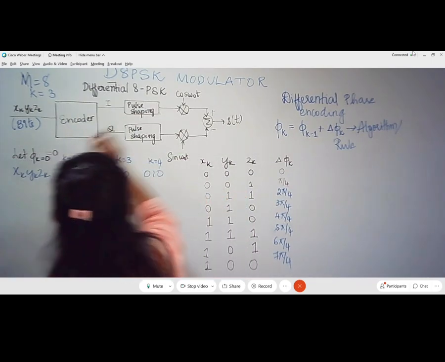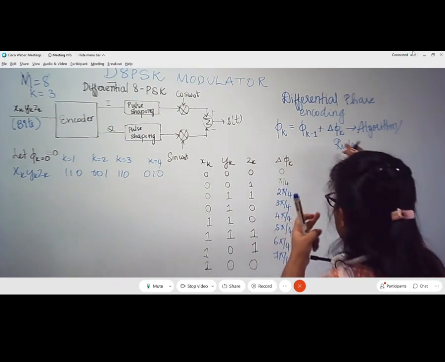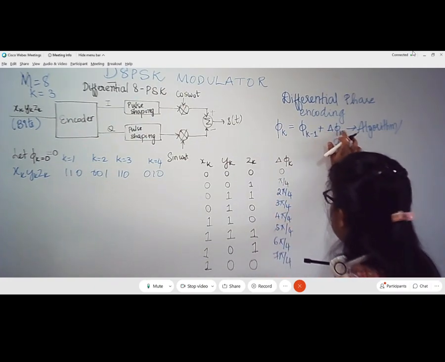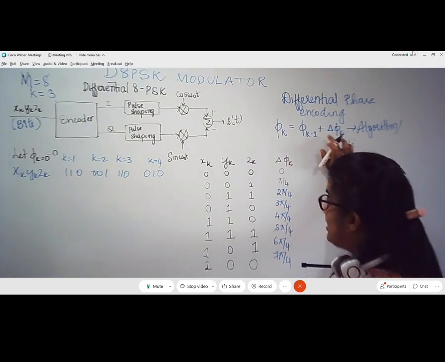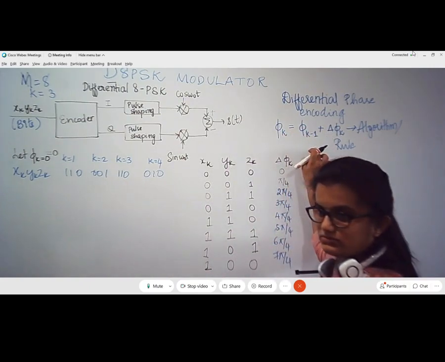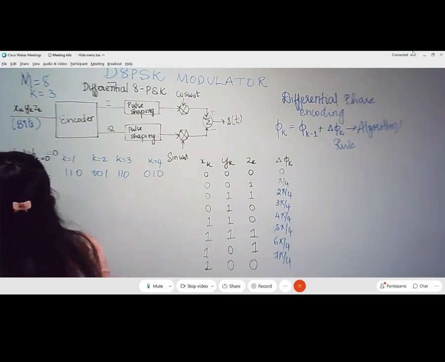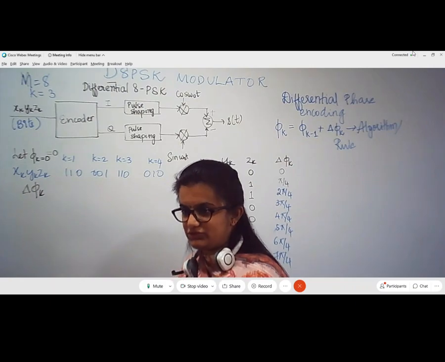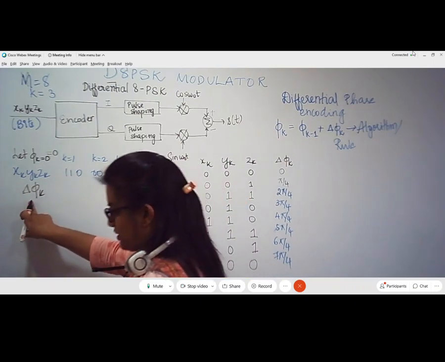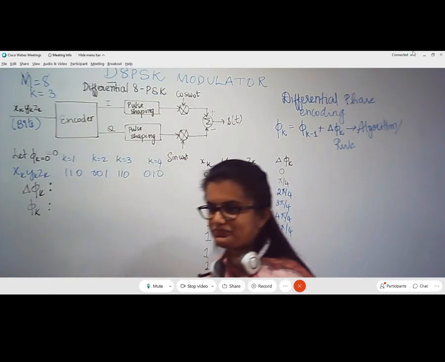Now, in order to do this procedure of differential phase, I first need to know the individual phase assignments, and then I can add the phases. So first I will make a note of the differential phase assigned for each bit combination. I am writing the differential phase, and I am writing the actual phase that will be transmitted, that is phi k.